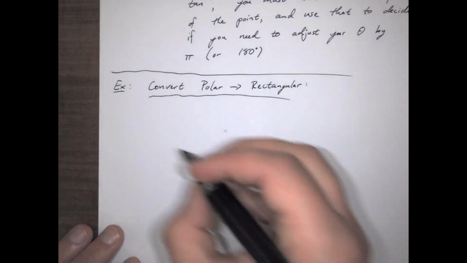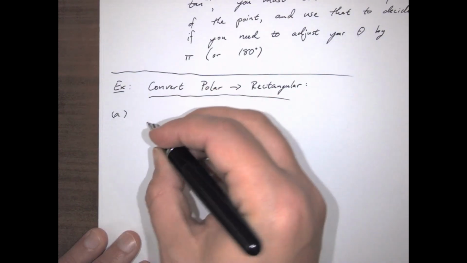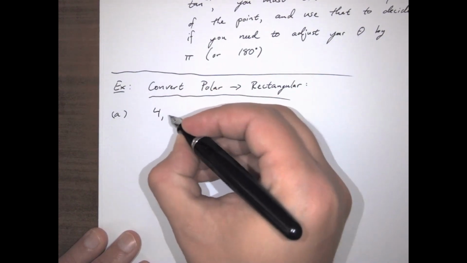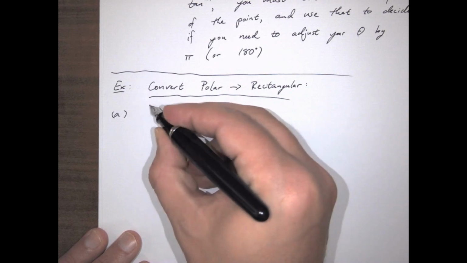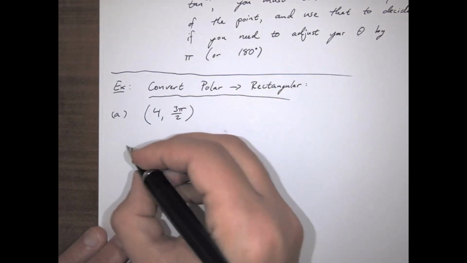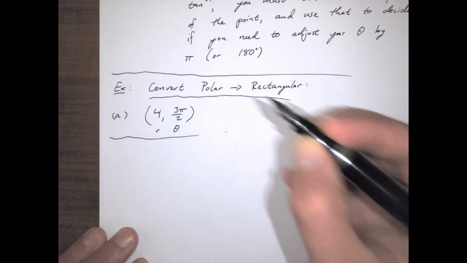What's that going to look like? Let's say first off we have a point like 4 comma 3 pi over 2. First off, just a note, that's r, that's theta.